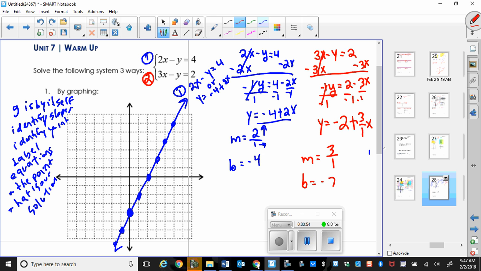Y-intercept is negative 2, so I go up 3, right 1. So at negative 2, I go up 3, right 1. Up 3, right 1. Oh, didn't go right 1 enough. So up 3, right 1. Up 3, right 1. Down 3, left 1. Down 3, left 1. Okay?